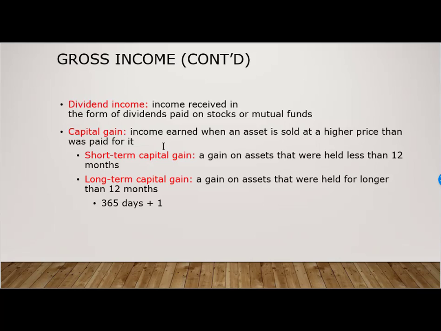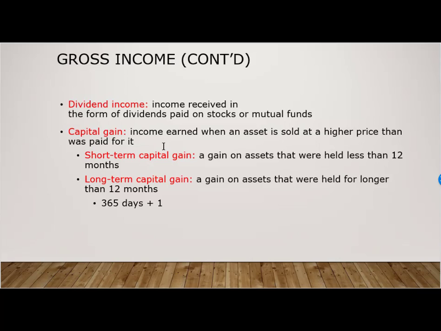Capital gains is earned when you sell an asset. If you buy a stock and then sell the stock for a profit or loss, it is going to be classified as a capital gain or loss. Now, it can either be short-term or long-term. Short-term capital gains are held for less than 12 months. So if you buy an asset and you've made money on it, you never want to sell it until after the 12 months has passed. That's 365 plus 1 day.